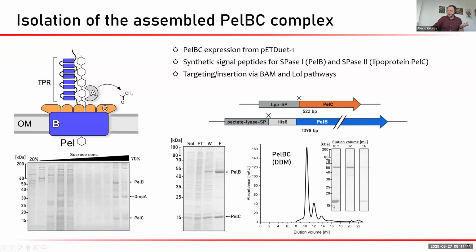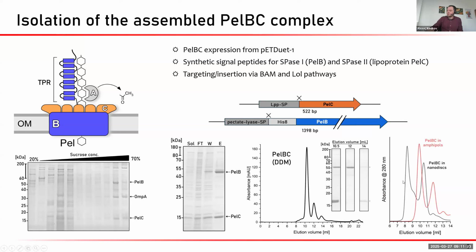And on the SDS-PAGE, we see again bands of the two components. Remarkably, in the later fractions we see PelC alone. What this tells us is that the complex is unstable in detergent. It falls apart, and indeed, the longer we keep it, the less complex we could isolate.